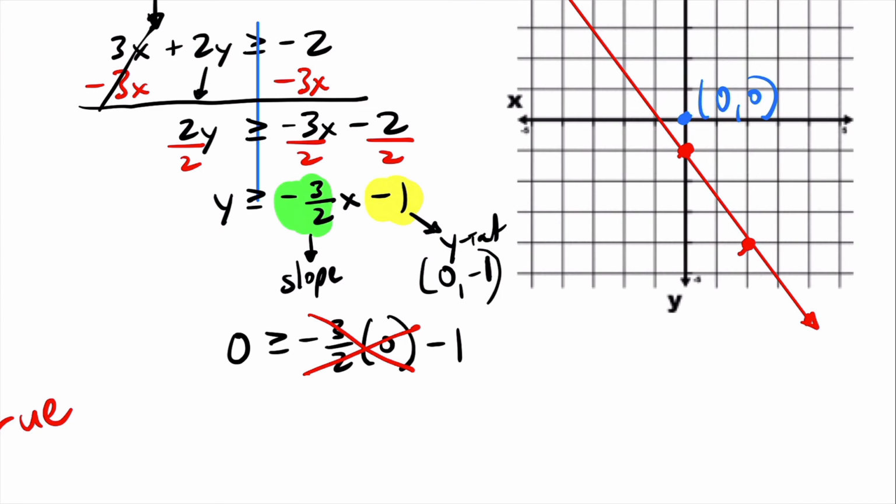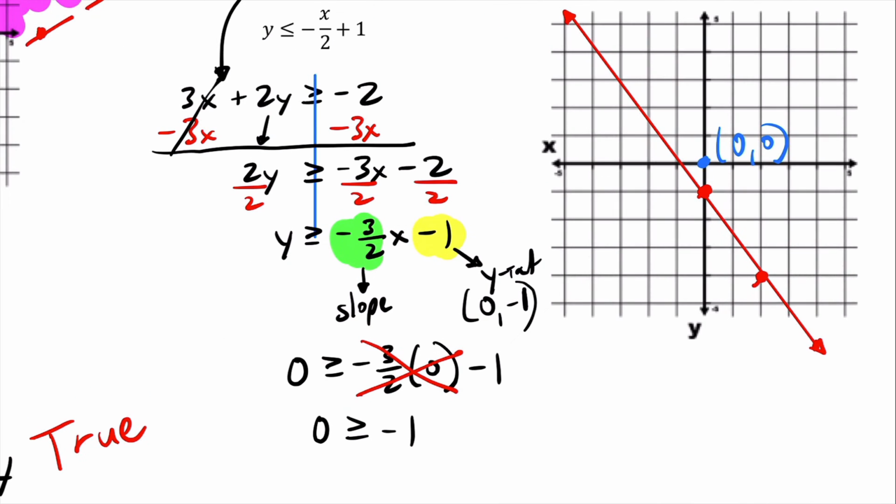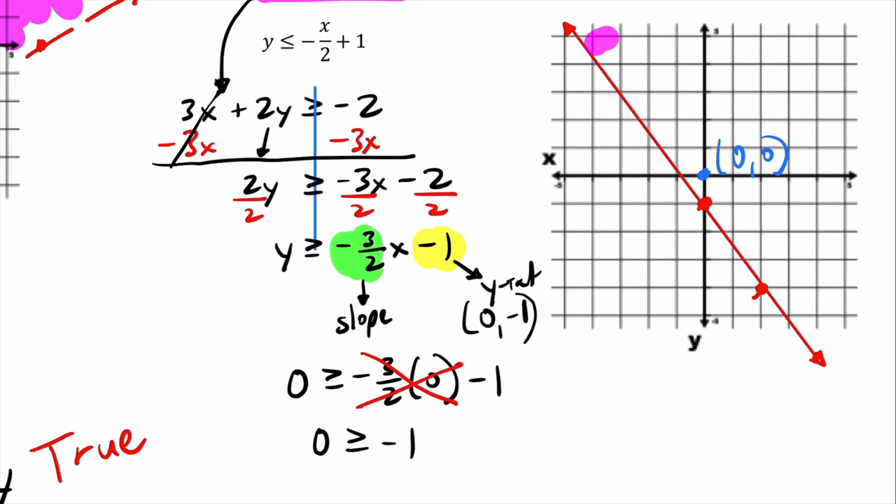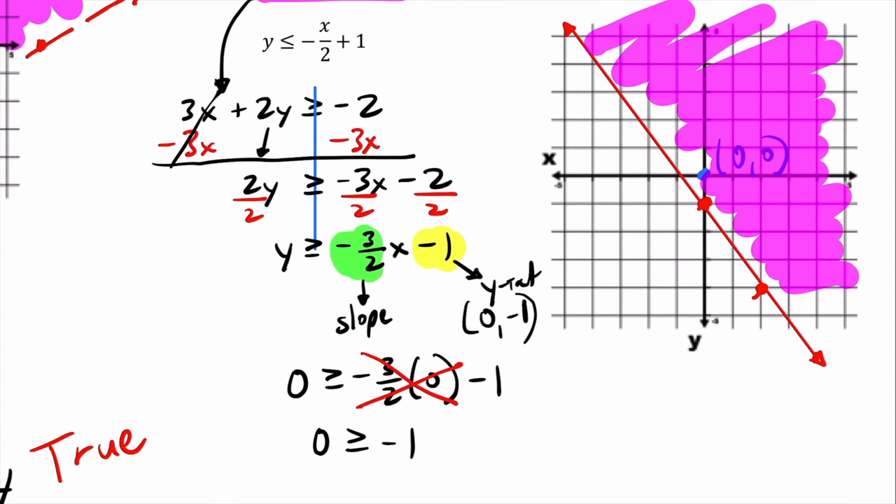Zero cancels out. So I'm left with 0 greater than or equal to negative 1. Is that a true statement? Yeah, again, 0 is bigger than all the negatives. So I'm going to shade that side there. Okay. Done with the first one.